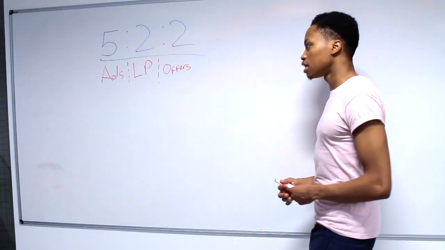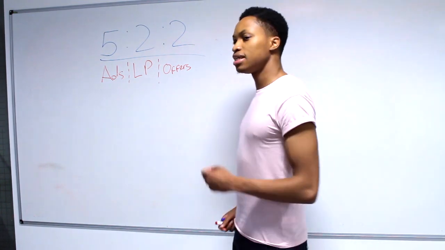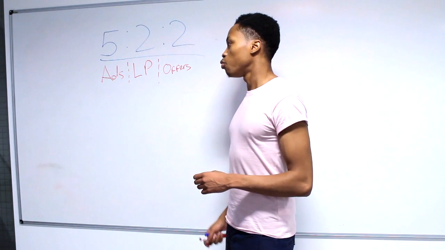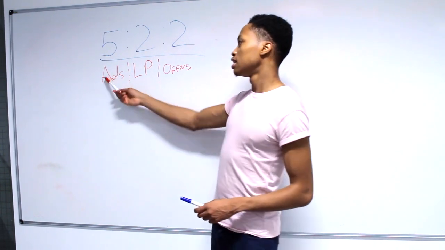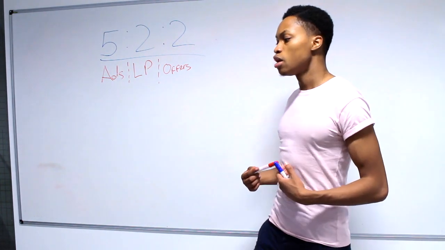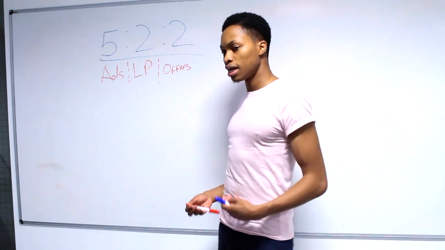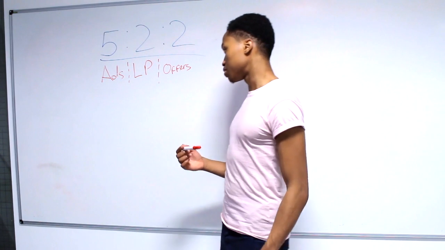The basic reason I follow this formula is because, within CPA, we want to find a combination of ad, landing page, and offer that's profitable. That is something where we're putting $1 in and getting more than $1 out. Now in order for us to do that, I do apologize, I'm close to this sore.